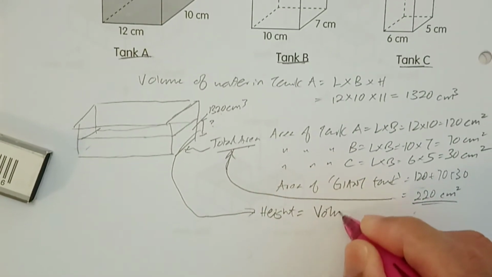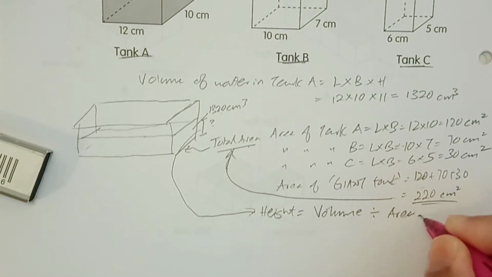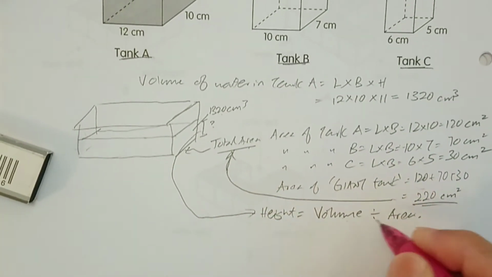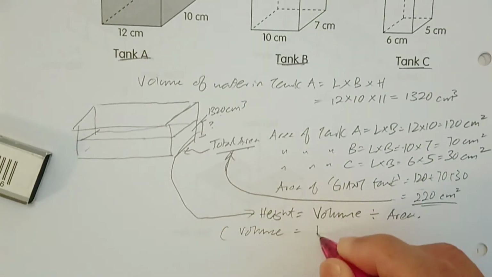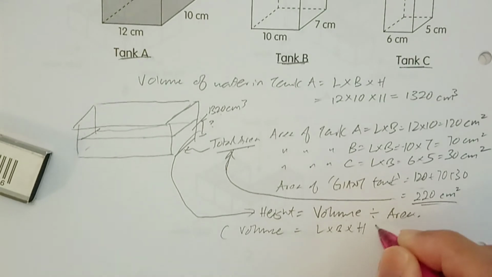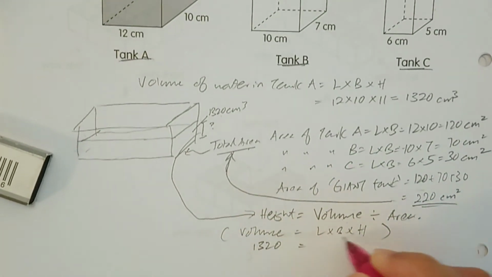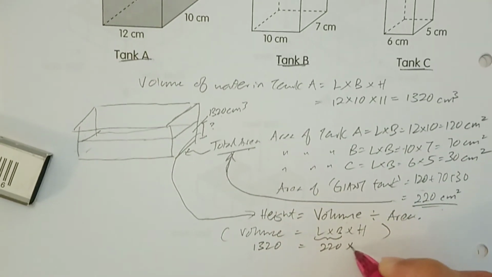volume divided by the area. Because we know that volume equals length times breadth times height. So the volume here is 1320, and length times breadth, which is actually the area, is 220.